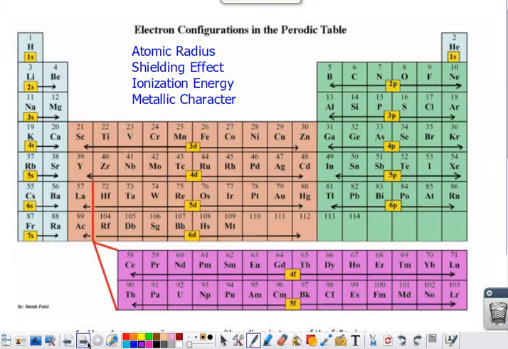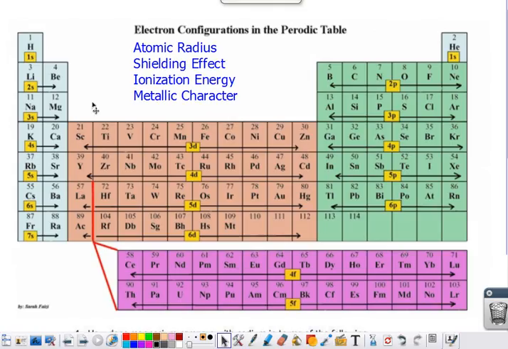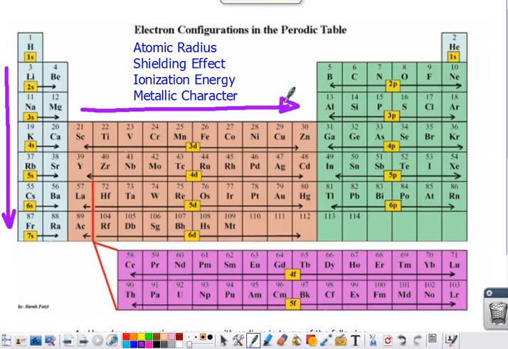So first of all, there are four terms we talked about in the notes the other day. Atomic radius is the one we're going to start with. This is how big an atom is. And there's two ways to look at all of these: as you go down a group versus as you go across the periodic table. So usually we'll start with going down a group.